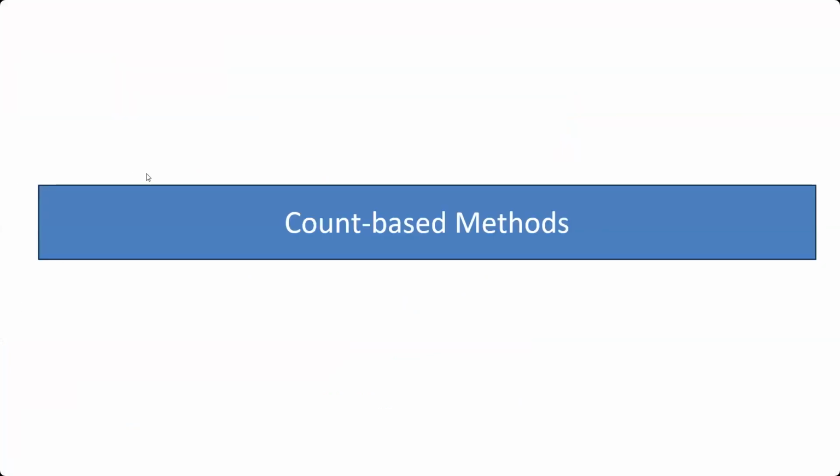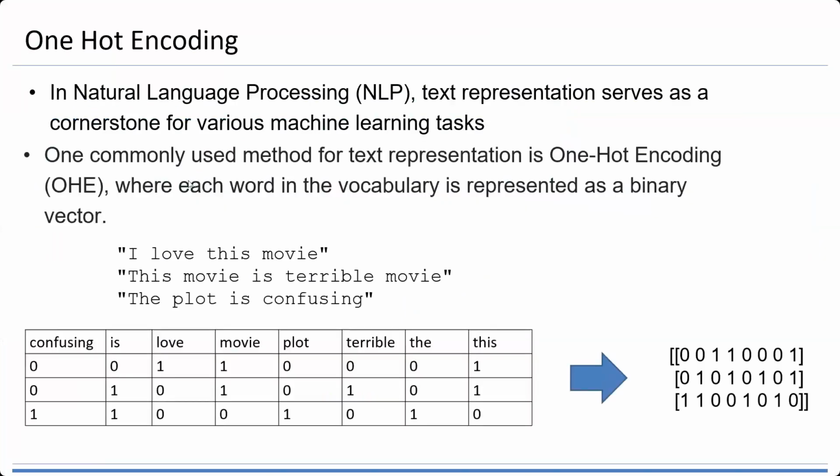So the count-based methods. What are count-based methods? In NLP, natural language processing, we have the term text representation. Text representation serves as a cornerstone for various machine learning tasks. Before we do machine learning, we need to deal with the text and decide how we can represent it.